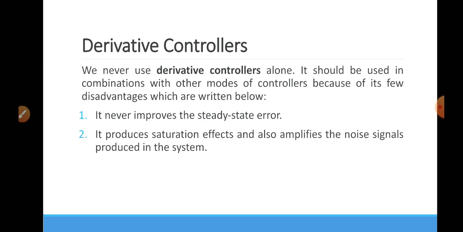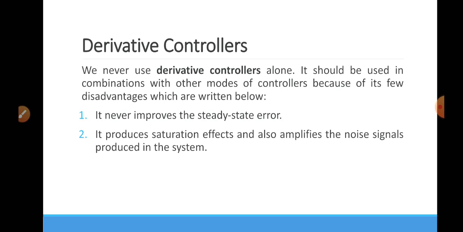But we never use derivative controllers alone. We always use them in combination with other controllers like proportional controllers, as well as with proportional and integral controllers. The derivative controller alone is not used because of some disadvantages: it never improves the steady state error, it is not possible for a derivative controller to improve the steady state error.